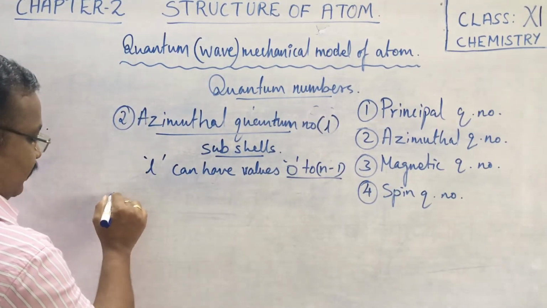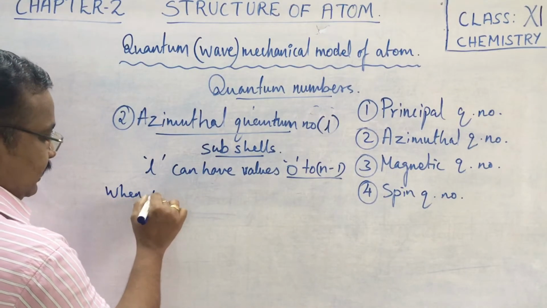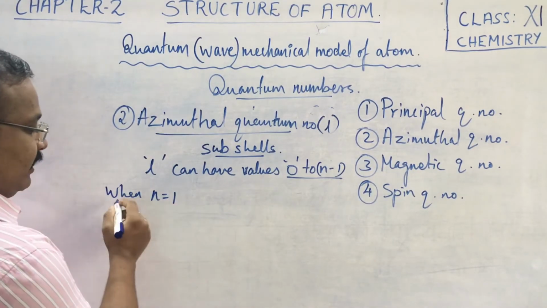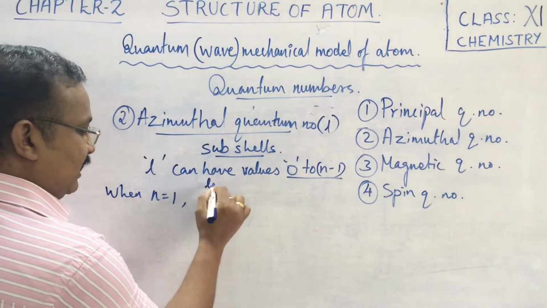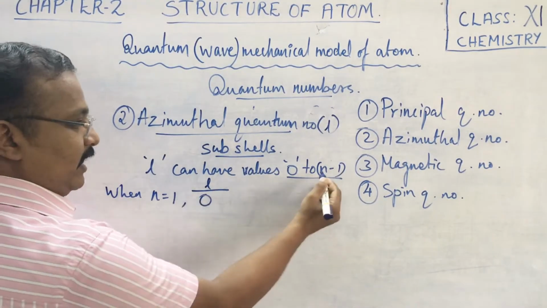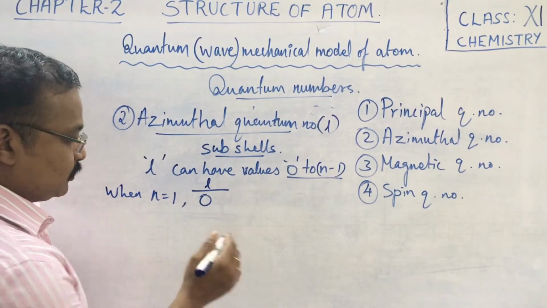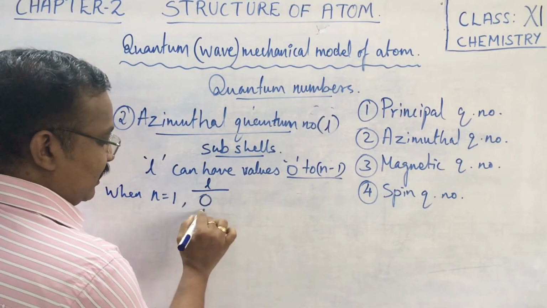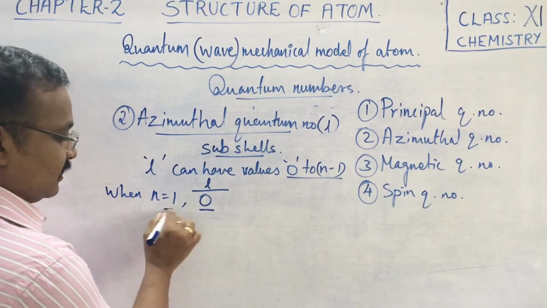When n is equal to 1, l can have values 0 to n minus 1. So n is 1, minus 1 is 0. So l can have only the value 0 when n is equal to 1.